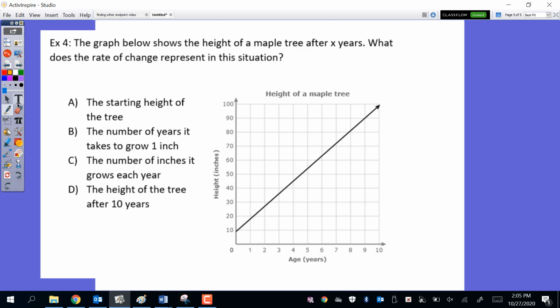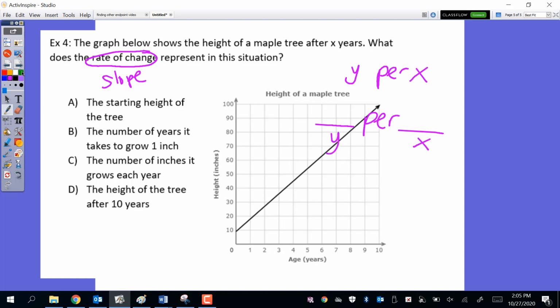One more and then you're going to be on your own. So here we go. The graph below shows the height of a maple tree after x years. What does the rate of change represent in this situation? So rate of change, we know that really means slope. And so we're talking y per x. So blank per blank. Okay. What is my label on my y?